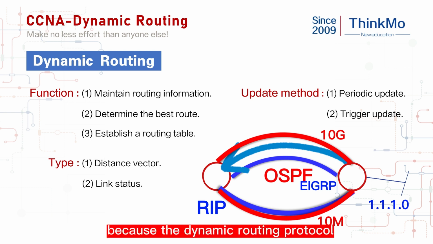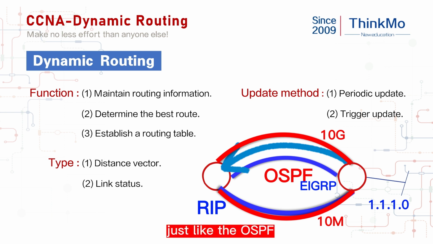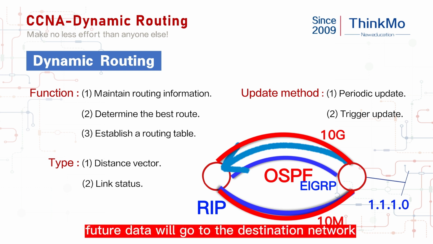Because the dynamic routing protocol has a fixed principle of routing, just like the OSPF I told you about, it's based on bandwidth. Suppose the upper line is 10G and the lower line is 1G. It will always go above and never go below. For example, future data will go to the destination network.